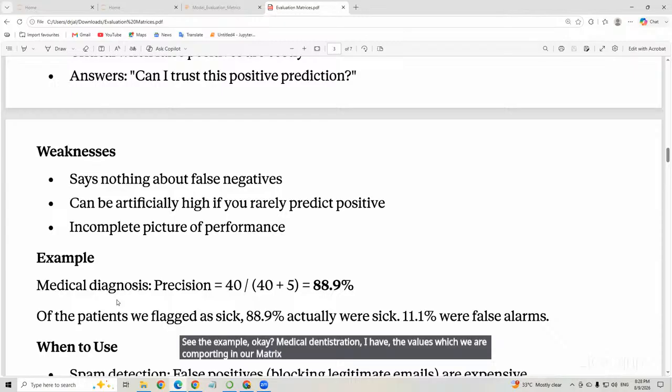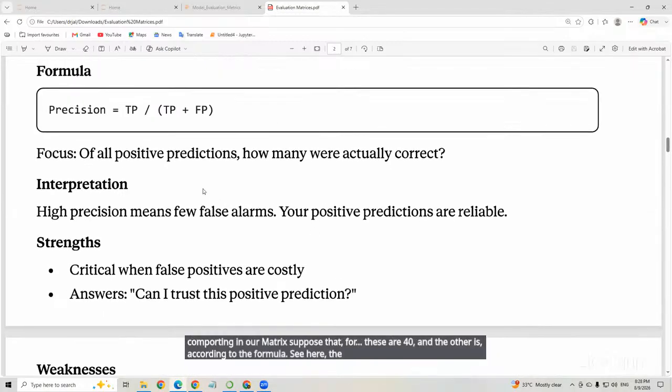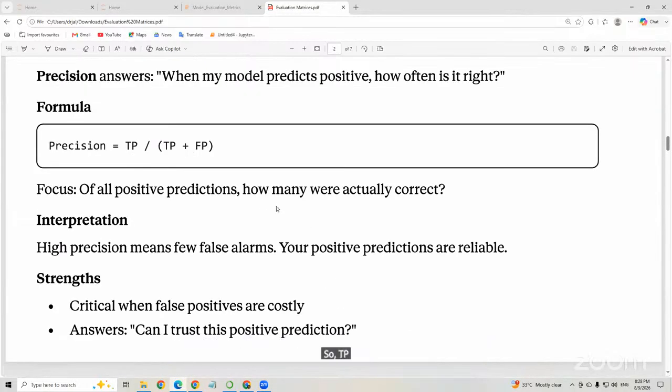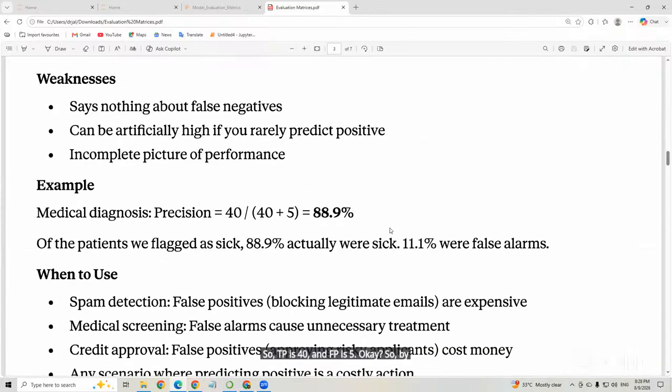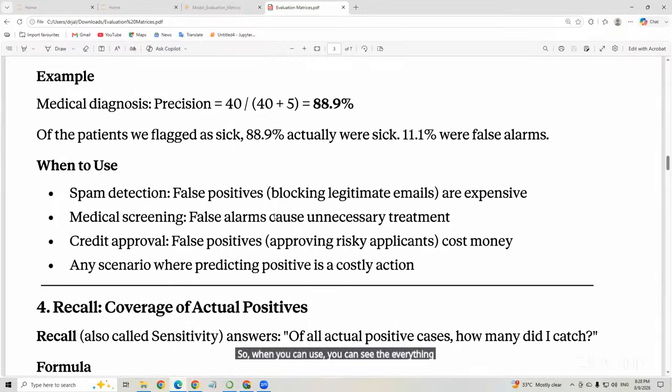Suppose TP is 40 and FP is 5, according to the formula. By applying this test, we get 88.9%. Of the patients we flagged as sick, 88.9% actually were sick, and 11.1% were false alarms. You can see every detail is there.